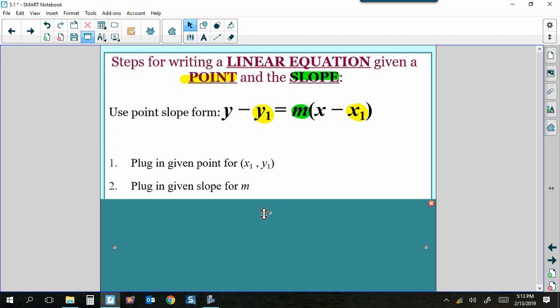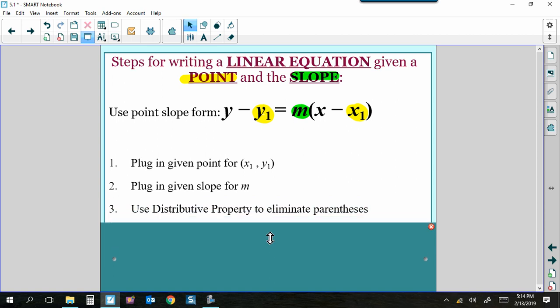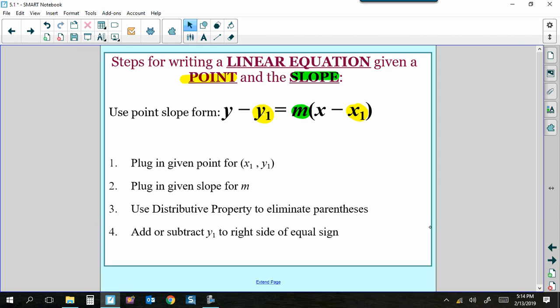After you do this, you will start simplifying this into either standard form or slope-intercept form. No matter what, you need to get rid of those parentheses, so you're going to distribute your slope into those parentheses. And then your last step, you are going to take whatever y1 is and add or subtract it to the opposite side, so to the right side of that equal sign.